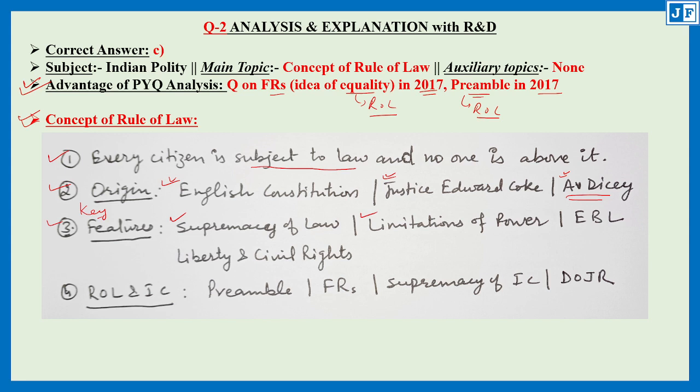Limitations of power means the authority cannot act in an arbitrary manner. It has to follow the rule of law and act in accordance with the law. It cannot punish anyone without the authority of the law. Then equality before law. Everyone is equal before the law. No one is above it, no one is below it.